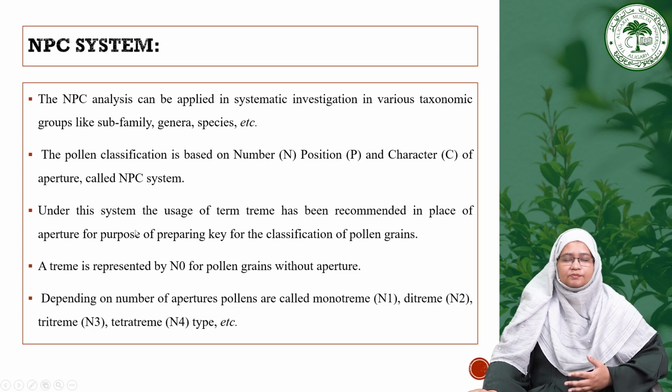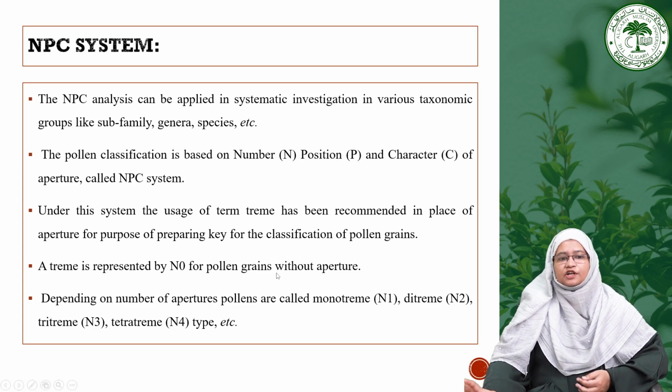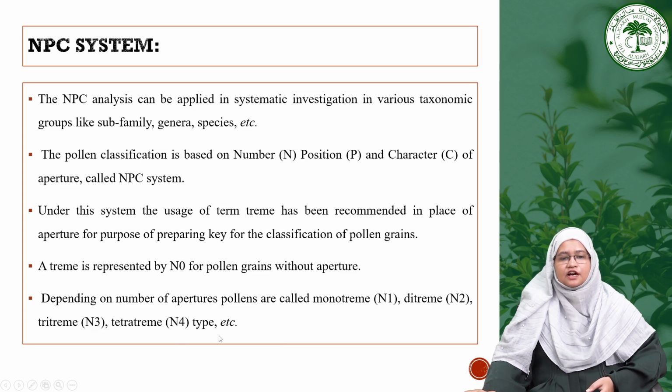Under this system, the use of the term treme has been recommended in place of aperture for the purpose of preparing keys for the classification of pollen grains. A treme is represented by N0 for pollen grains without aperture, and depending upon the number of apertures they may be termed monotreme, ditreme, tritreme, tetratreme, as you can see N1, N2 or N3 respectively.